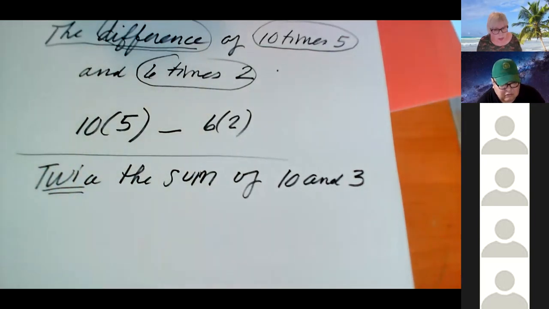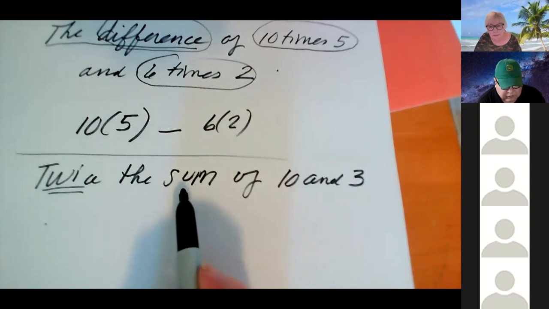This is about twice, which is doubling something. So it would be 10, the 3 in parentheses to the second power? No, there's no powers here at all, because what does sum mean? Addition. So 10 plus 3. Sum is adding.